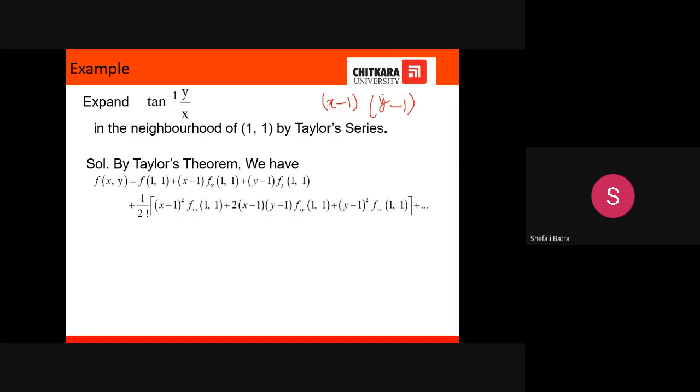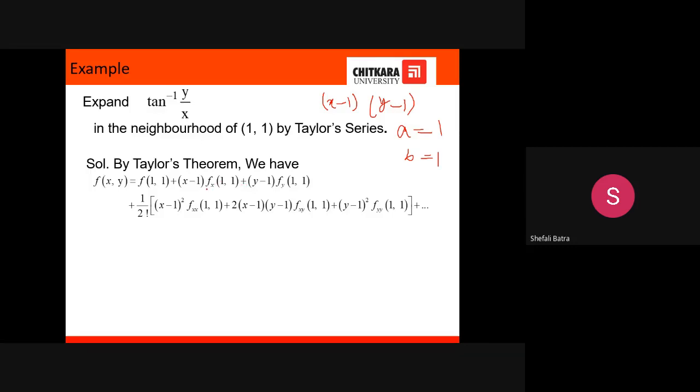So using Taylor series, we have f of x comma y is equal to f of 1 comma 1, where a is 1 and b is 1. So f of 1 comma 1 plus x minus a, and in that formula we'll be putting a is equal to 1, b is equal to 1. So it is x minus 1, fx at 1 comma 1.